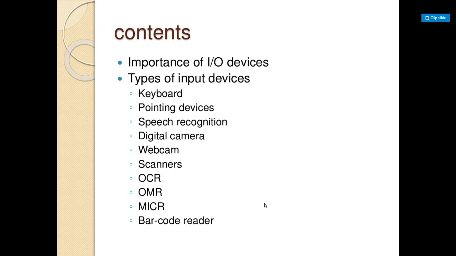You are also familiar with other input devices like digital camera, webcam, scanners, and maybe some of the input methodologies you may not know are OCR, OMR, and you might have heard of MICR, and the barcode reader.